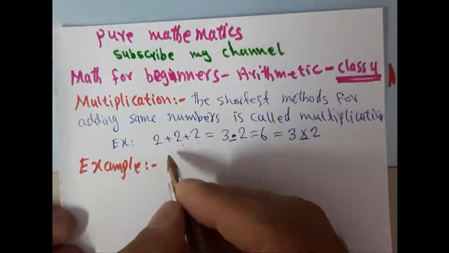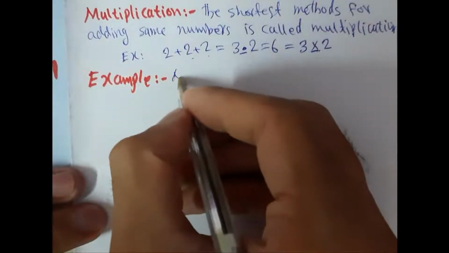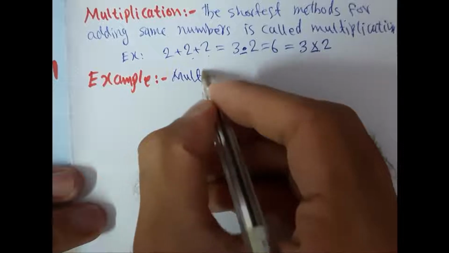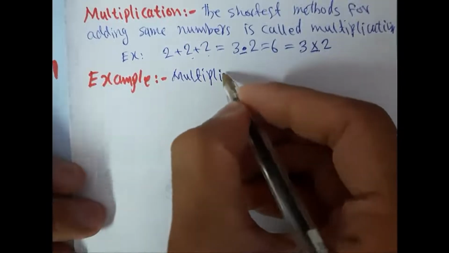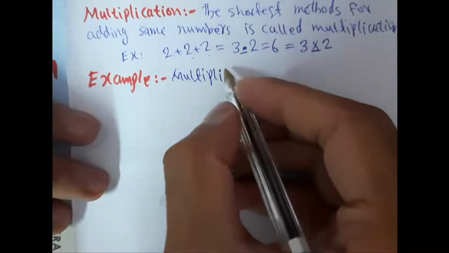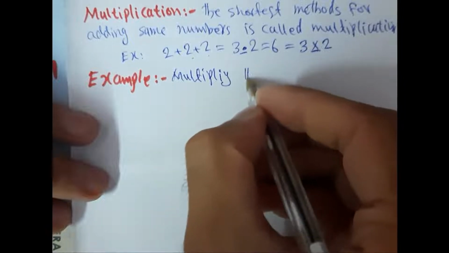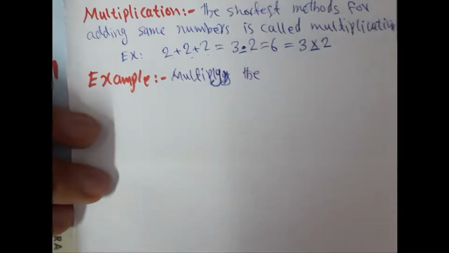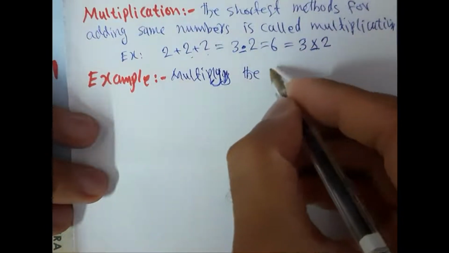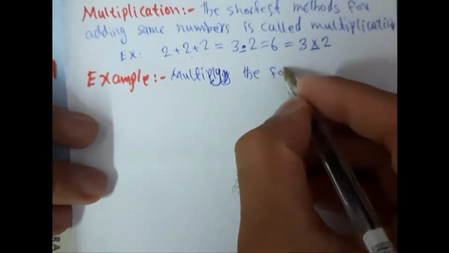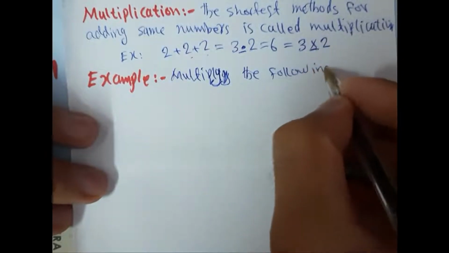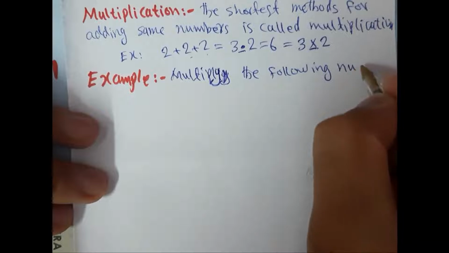Example: multiply the following numbers.